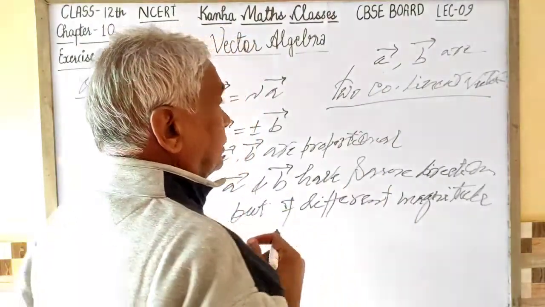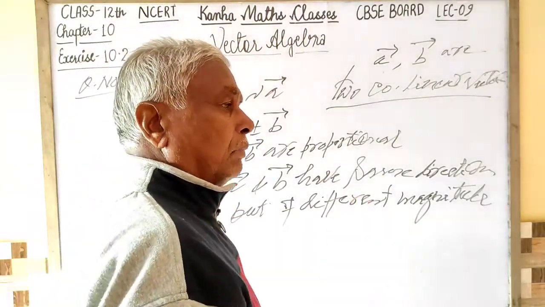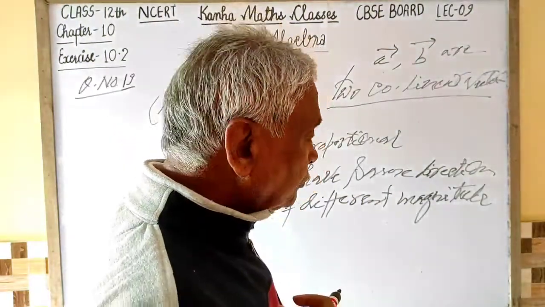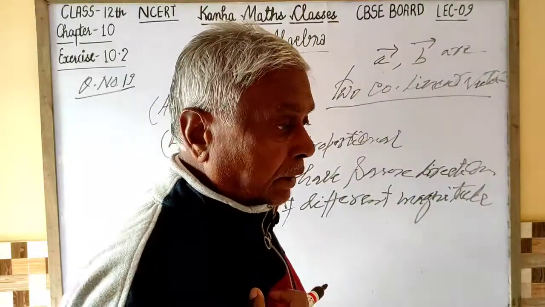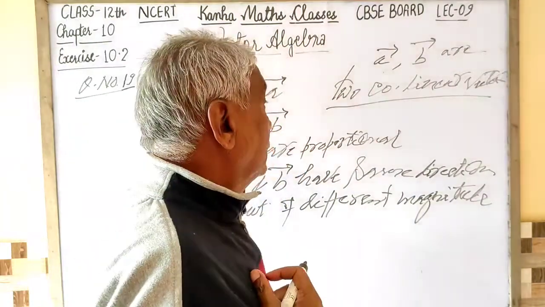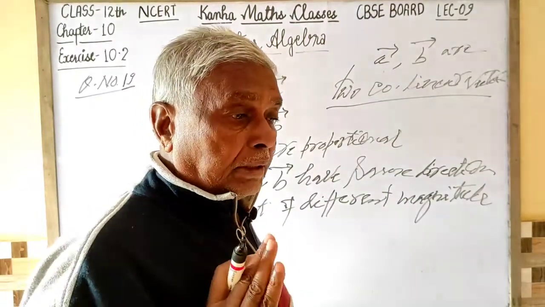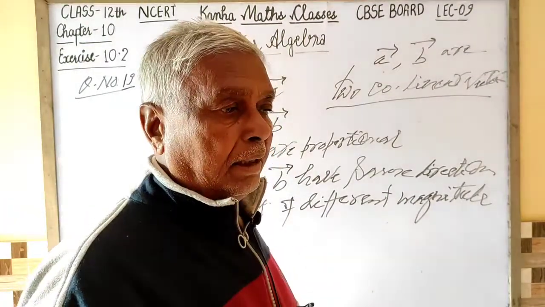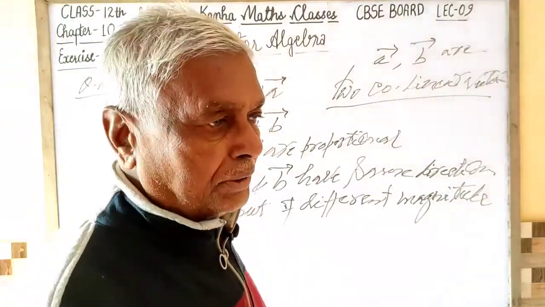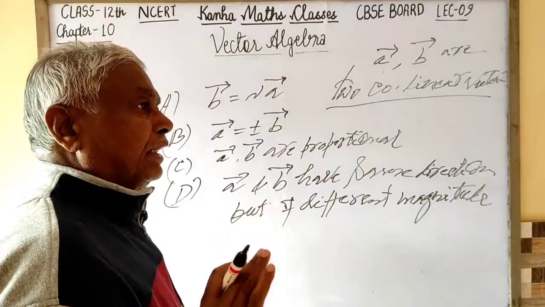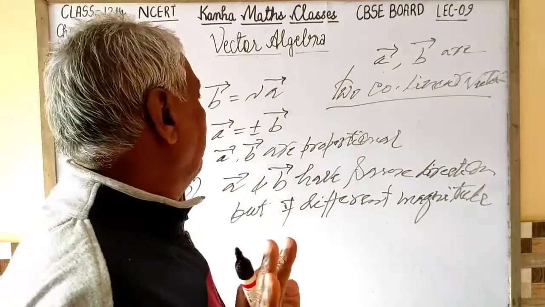From the very definition of collinear vectors, as I have already stated since the beginning, collinear vectors or parallel vectors have the same direction but are different in magnitude.